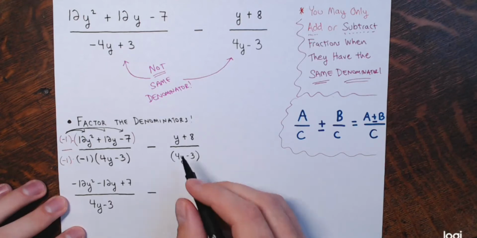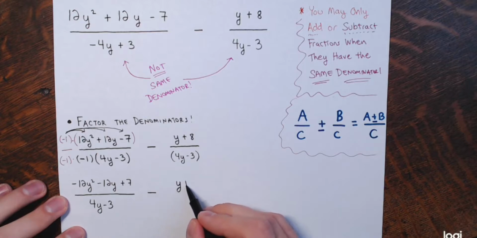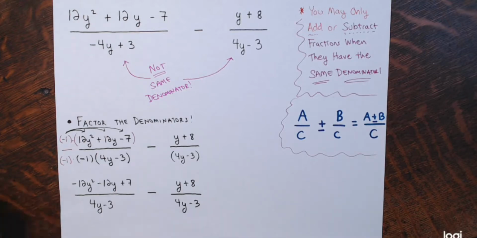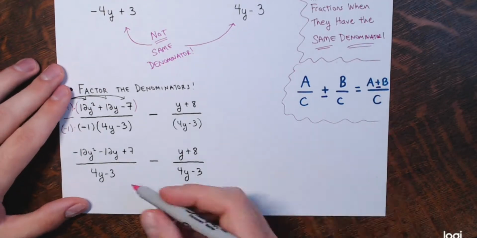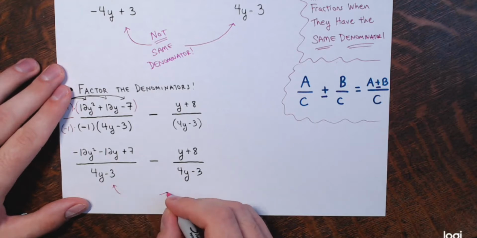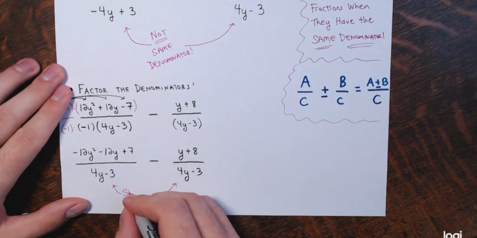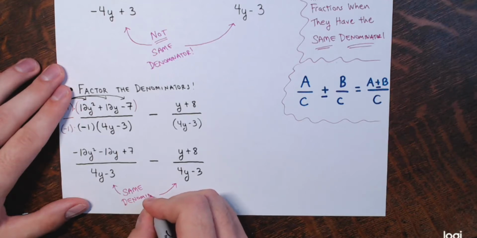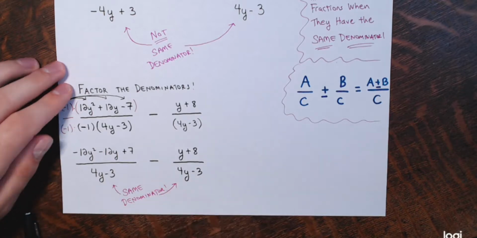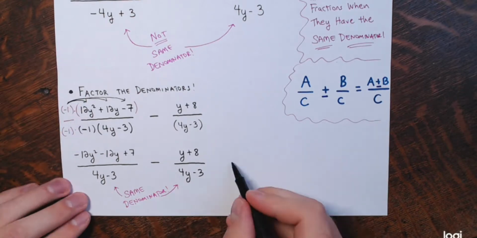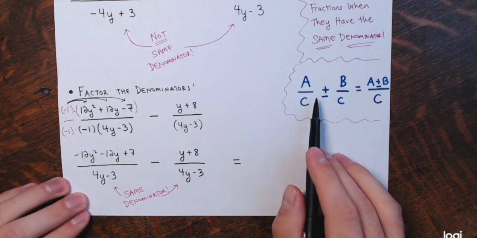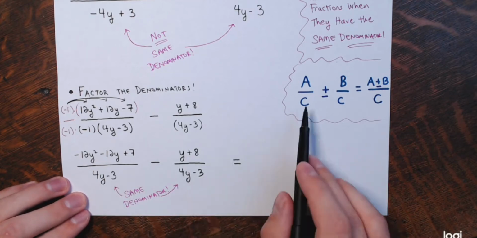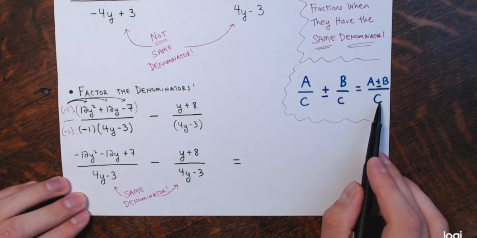Then we have minus, and then the next fraction, the numerator is y plus 8 still. Denominator is 4y minus 3. Now I have what I want to start with when I'm adding or subtracting fractions. Now these fractions have the same denominator, or a common denominator. And in this rule, the 4y minus 3 in the denominator, that's like the c's.